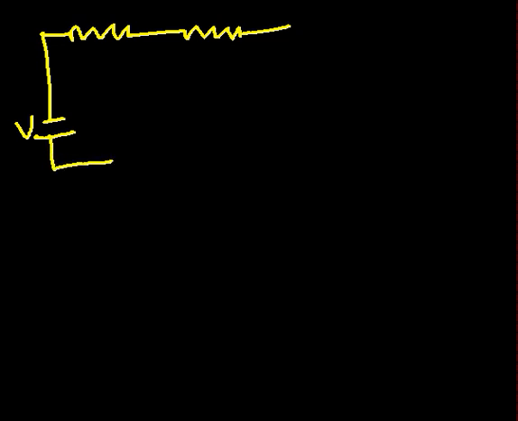Now let's say we have a circuit with the components being resistors, and say this is a battery, and we have another resistor going over like that.